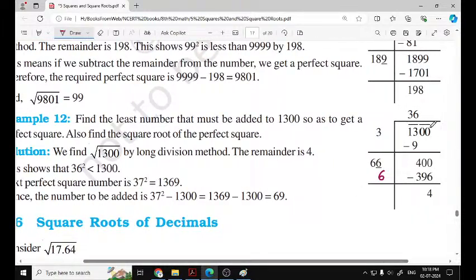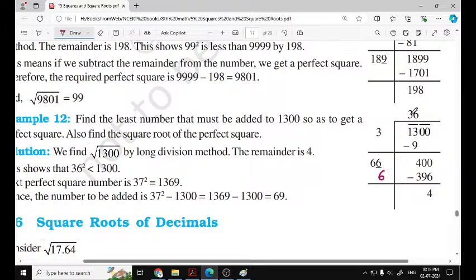Now this number 1300 is 4 more than a perfect square. So if we subtract 4, then we will get a perfect square, that is 1296. But our question is what must be added.